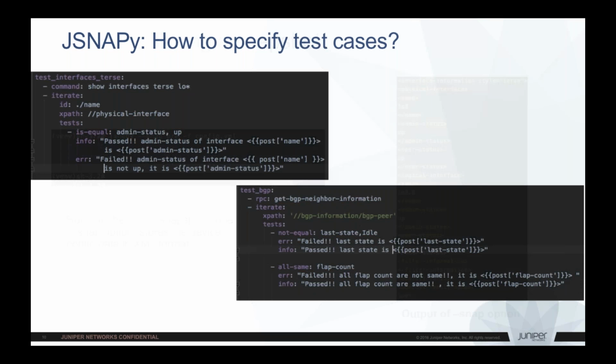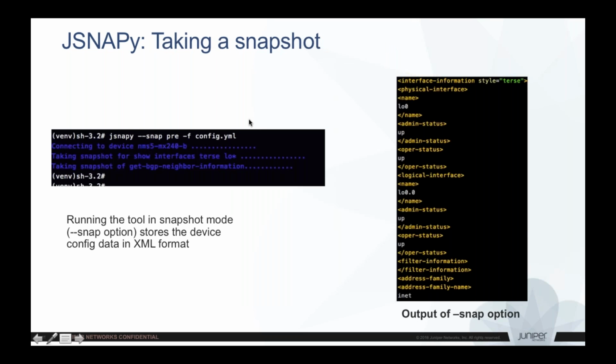Let's look at a quick run on how the tool can be used. As a command line tool, I can use the JSNAPy to get a snapshot of the current state.